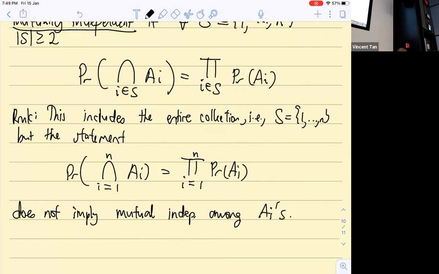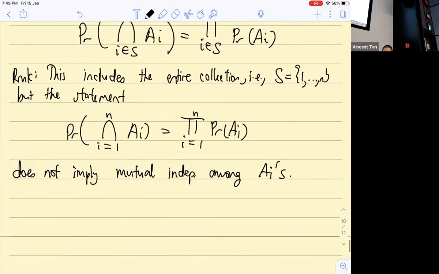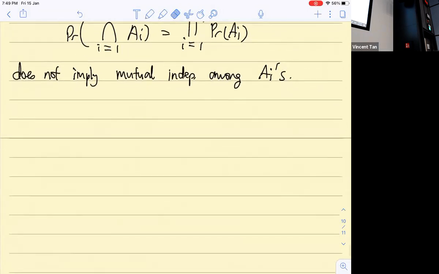So we have to actually check all subsets for independence. You might wonder whether there's any interesting example for which something like this fails. That is, if I only check the full set, there are some pairs that are not independent. So I constructed this simple table.